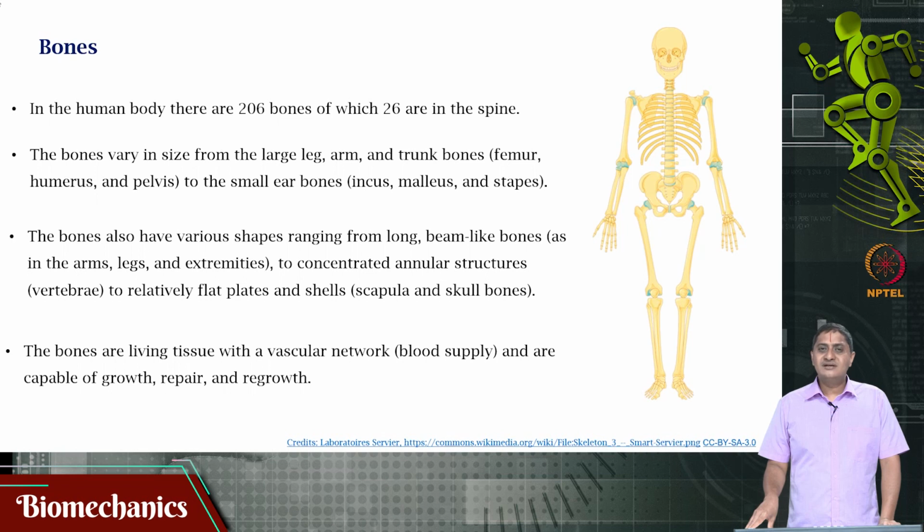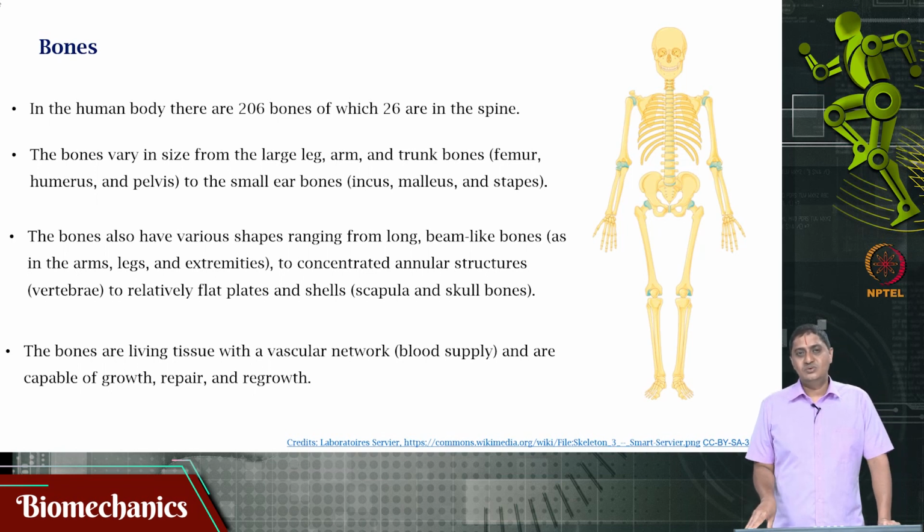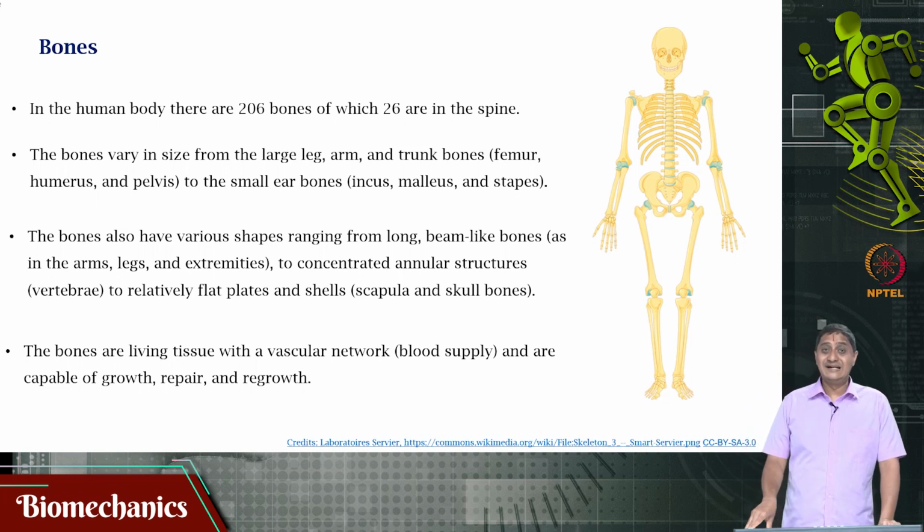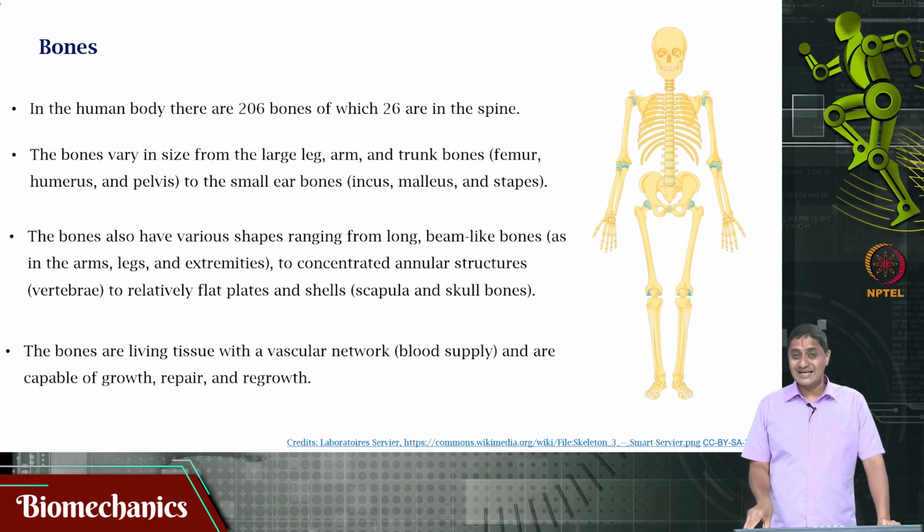So, what gives structure to the human body? That is the bone, or the set of bones, or the skeletal system. This skeleton is what gives structure to the body. If one or a few of these bones are not there, the organs within that part of the body will just look like a bag.